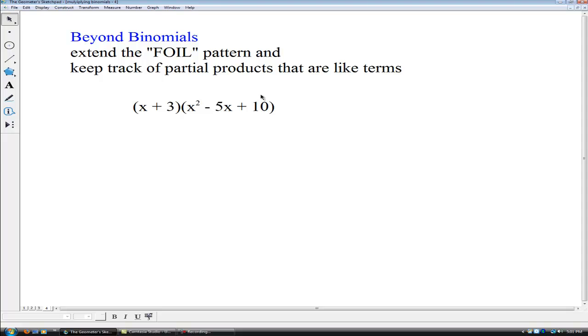Okay, our last page. If we need to multiply some polynomials that are not both binomials, we have a binomial and a trinomial, a degree 1 and degree 2. It doesn't really matter what the degrees are, you can multiply any kind of polynomials together. But let's look at the pattern. X times x squared is x cubed.